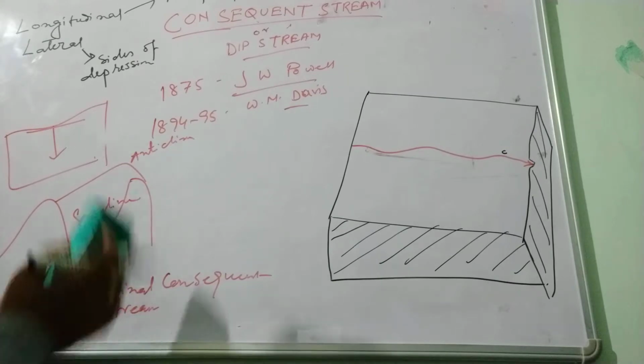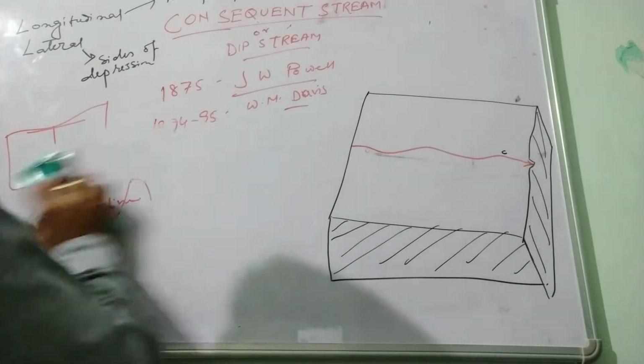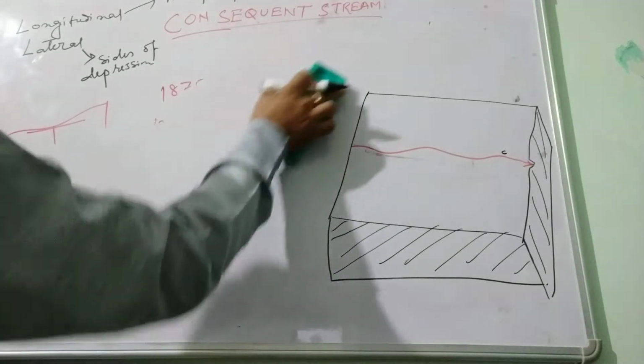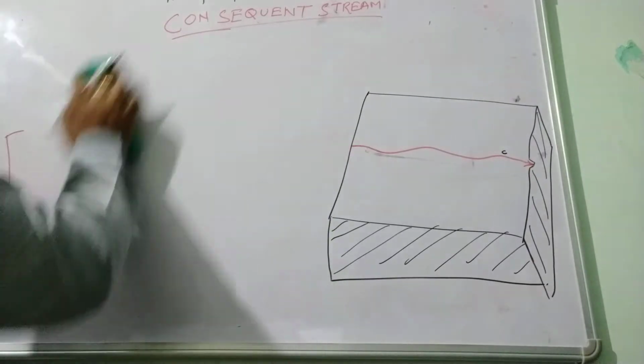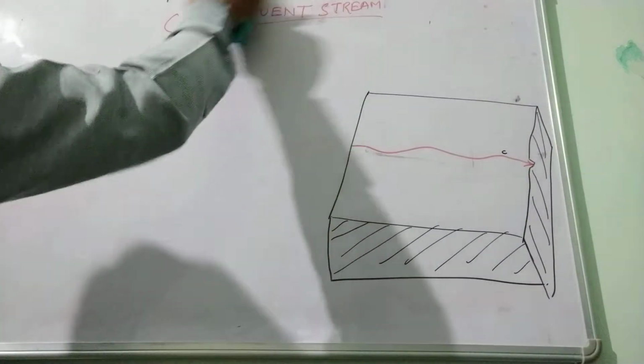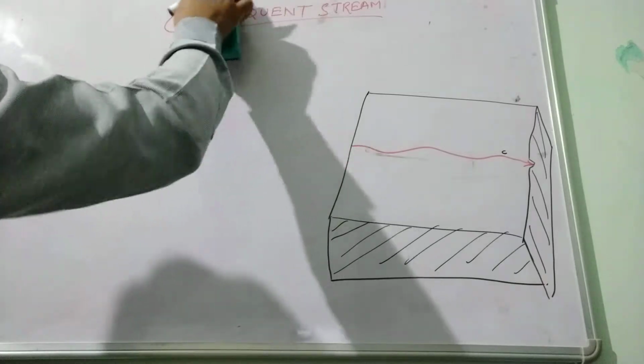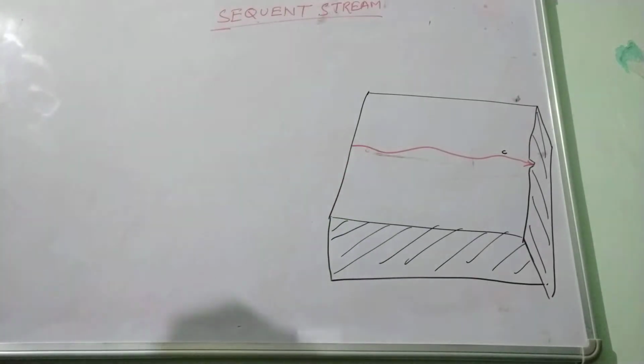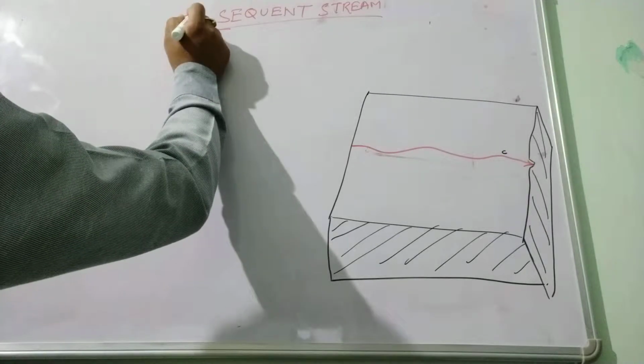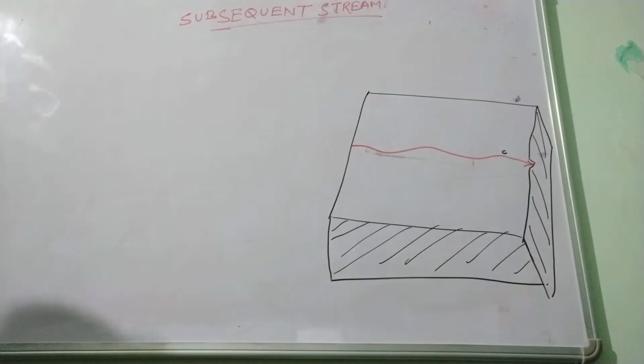Next, come to the subsequent stream. This stream originated after the master consequent streams and follows the axis of anticlines or ridges at the strike of the bed.